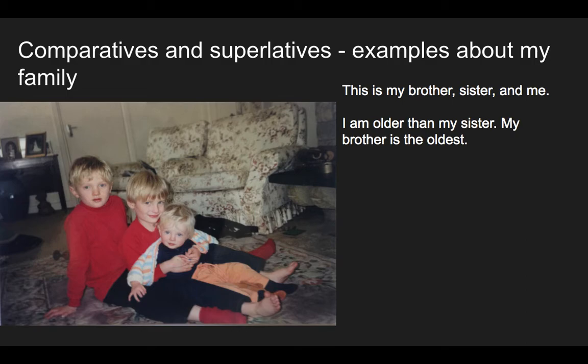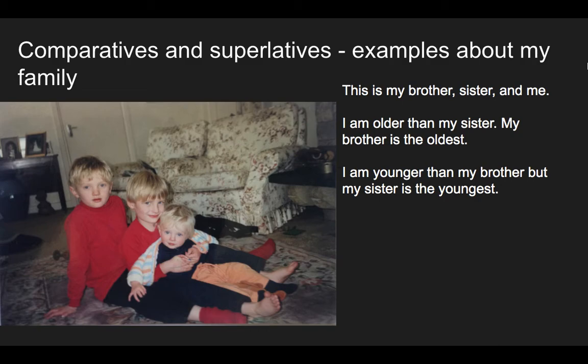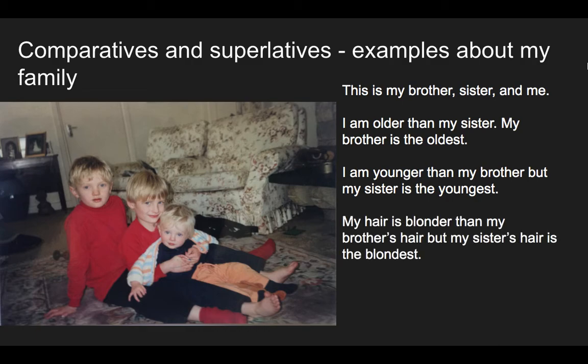My brother is the oldest. I am younger than my brother, but my sister is the youngest. My hair is blonder than my brother's hair, but my sister, her hair is the blondest.